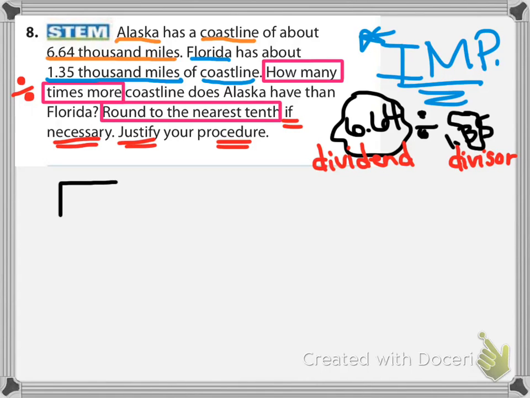So as far as setting up this problem, we have our divisor, we have our dividend. Now I'm going to change to another color so that you can see my steps here. Let's remember, if I have a divisor that has decimals, I have to make that divisor a whole number by moving the decimal to the end of the number.